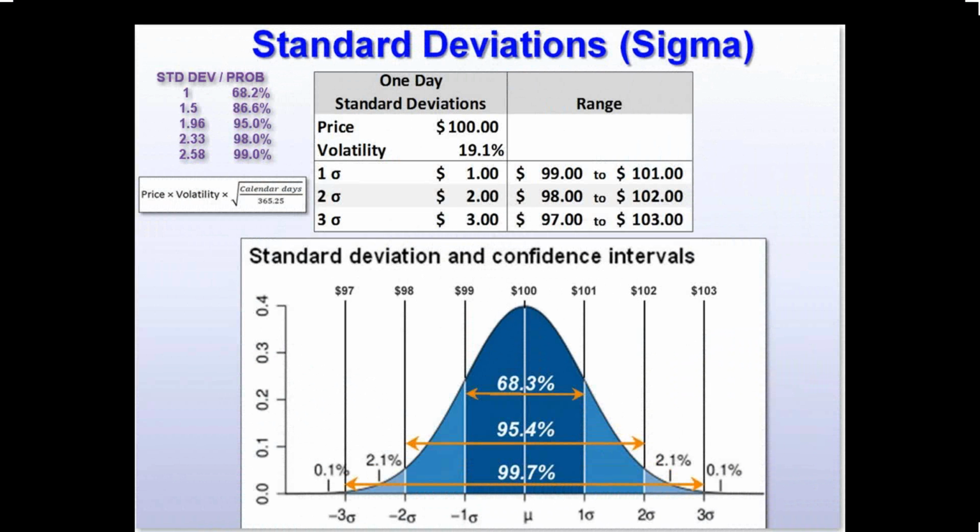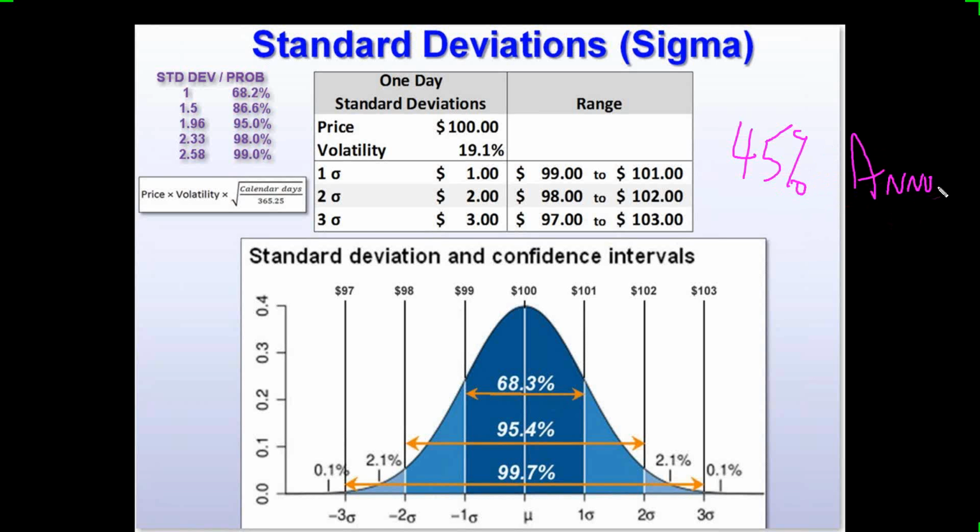Now, when you see an option and you see a stock that's got a volatility of 45%, what does that really mean? What that means is that the price of that stock can move 45%. It's annualized over an annual period.